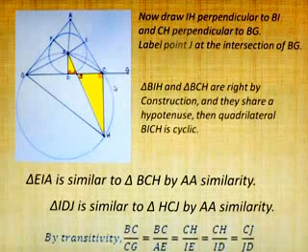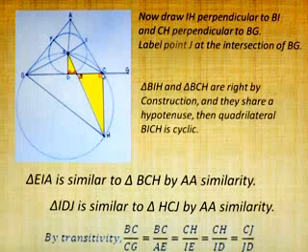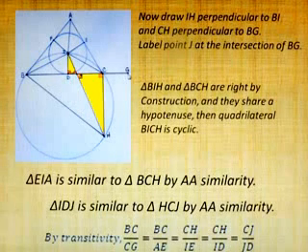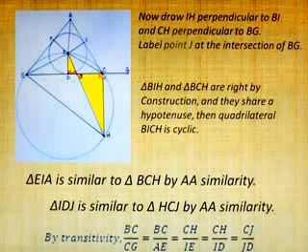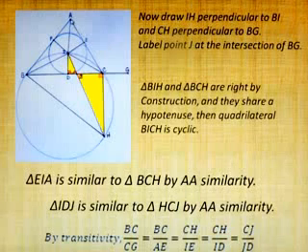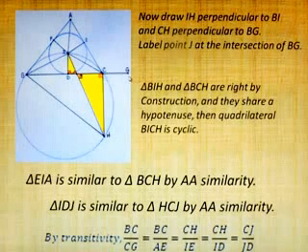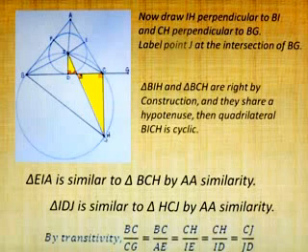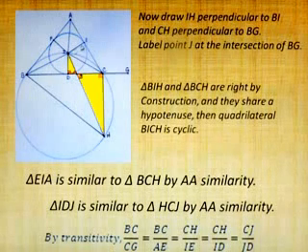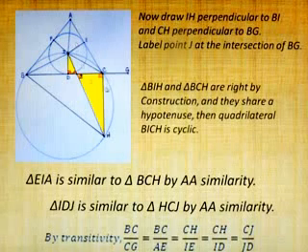So let's just go through this real quick. BC is to CJ as BC is to AE. Remember, AE was the same as CJ here. And because of this, CH is to IE. Remember, this triangle and this triangle were similar.